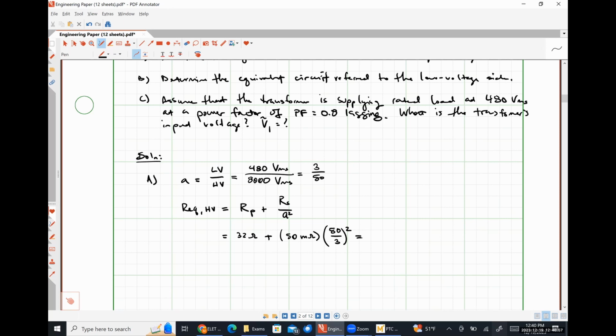So dividing by A squared is the same thing as multiplying by the reciprocal of A squared, right? So if I throw this into my calculator, 32 plus 0.05 times 50 over 3 squared looks like 45.8 repeating ohms.